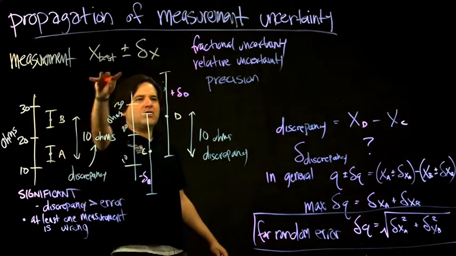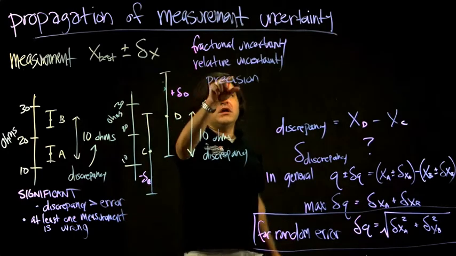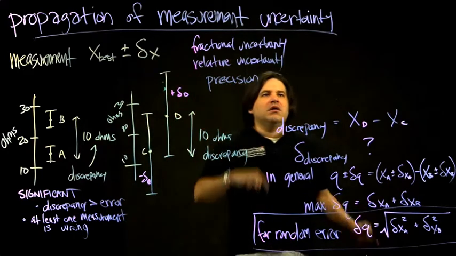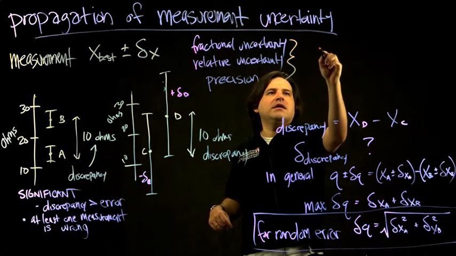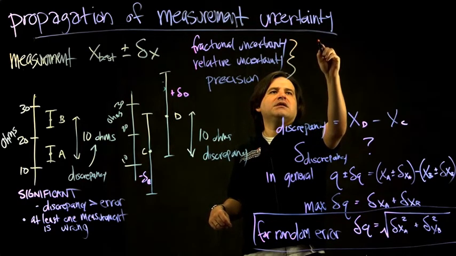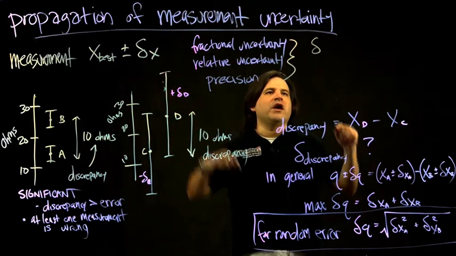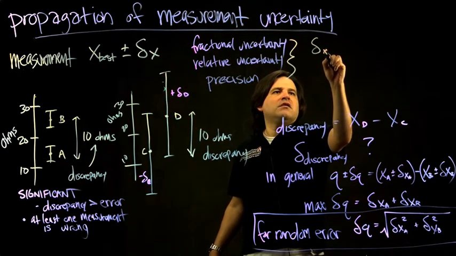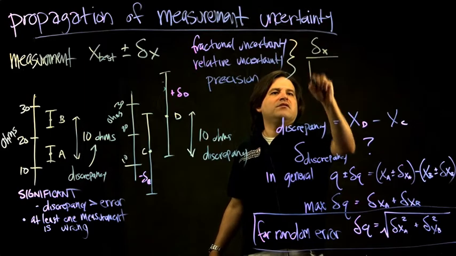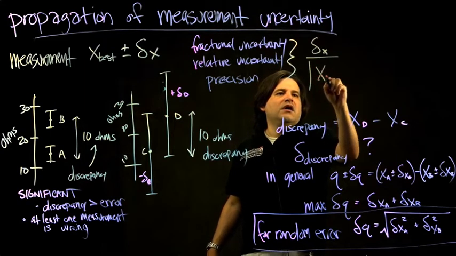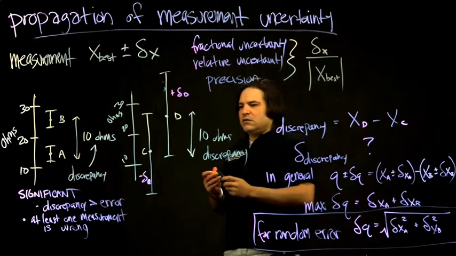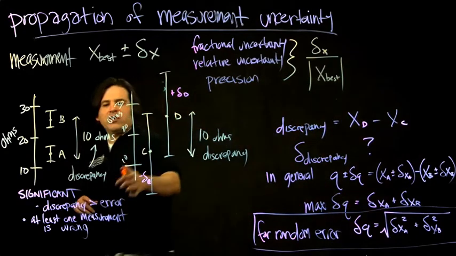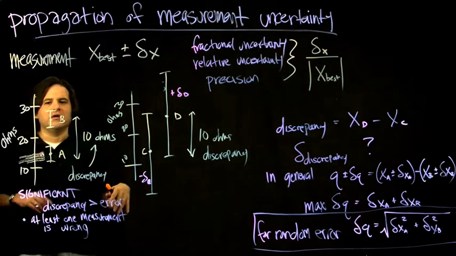Starting from here, you can put a number on this precision, which is given these different names, and the number you put on it is the uncertainty that you determine for this measurement divided by the magnitude of that measurement. So here we can put a number on how precise these measurements are.